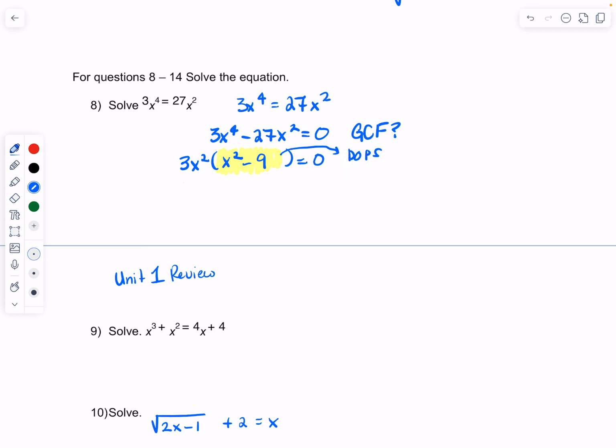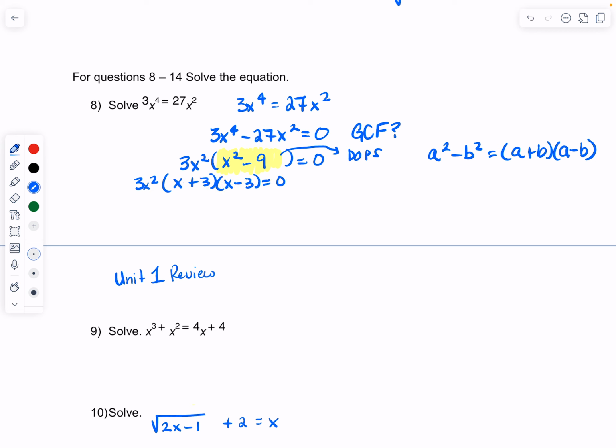X is a perfect square and so is 9, and there's a negative sign. So remember that a squared minus b squared factors out into a plus b, a minus b. So we have to take this question a little bit further. 3x squared and then x squared minus 9 factors out into x plus 3 and x minus 3.